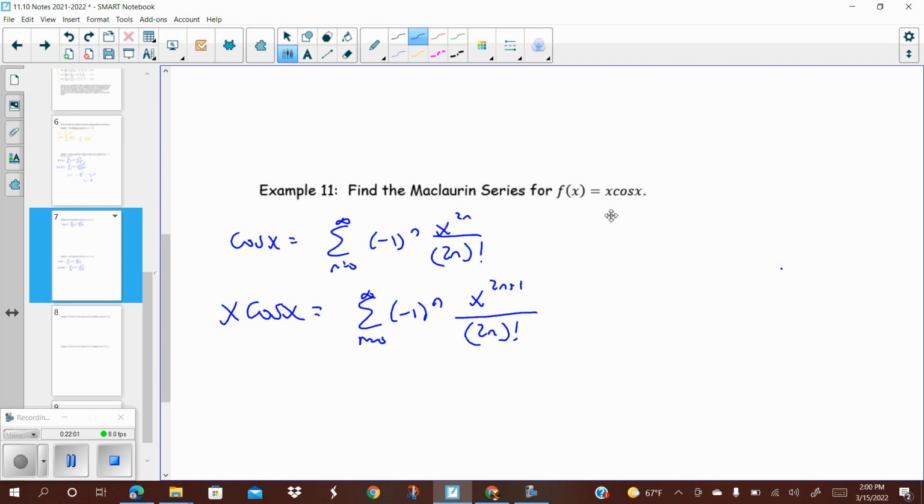And again, the biggest difference here is this is a polynomial. So when I multiply that polynomial times one of these series, which is creating a polynomial, it's okay, you just multiply the x terms together. That is not going to be the case for the next couple of examples that we have.